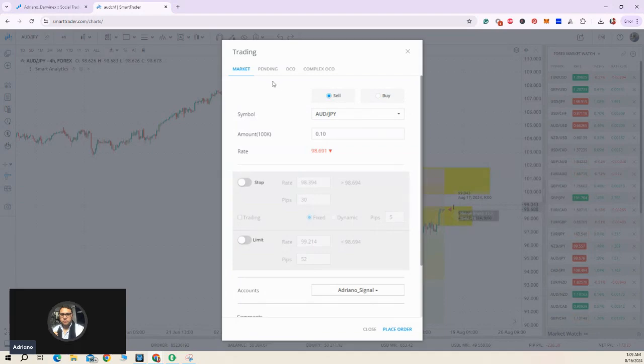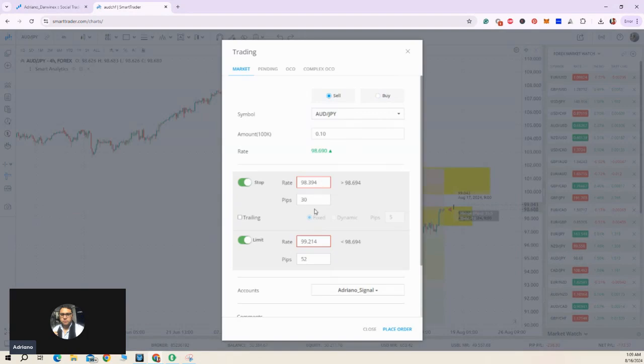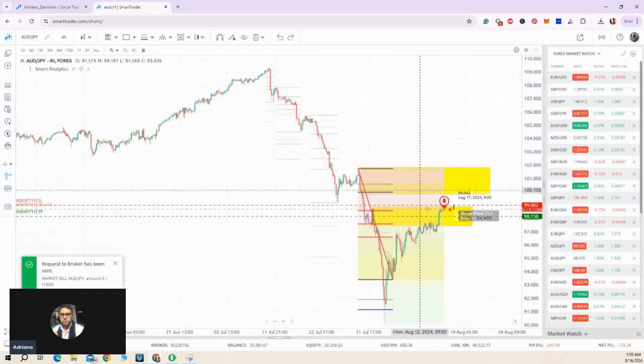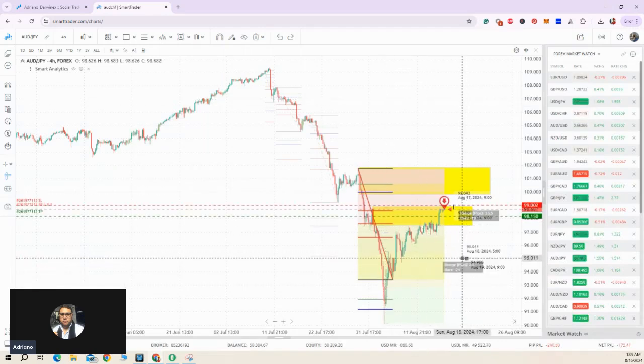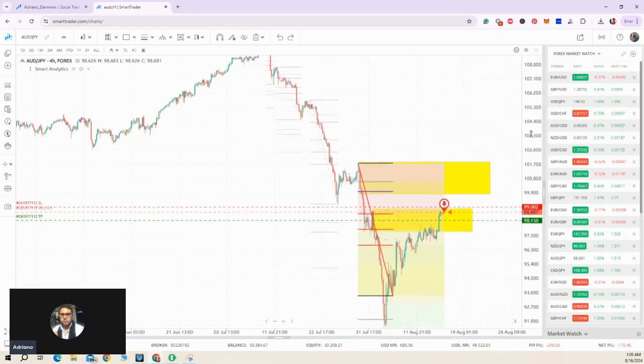We're going to sell at market price. Stop loss, take profit 50. Let's place sell. Okay, place. Okay, so orders are there.